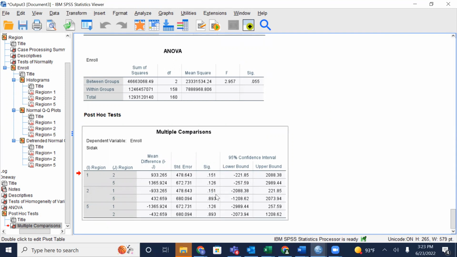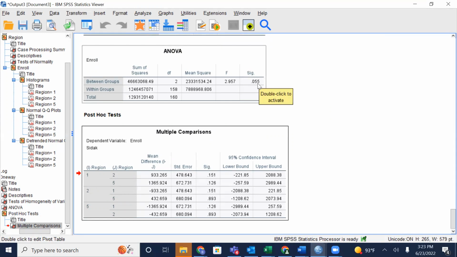And I'm just taking a look to make sure that that is correct. This level of significance here for the ANOVA test overall is also above 0.05. So we are going to assume that there is no significant difference between the means of the enrollments in these three regions. Okay. I think that concludes my video.